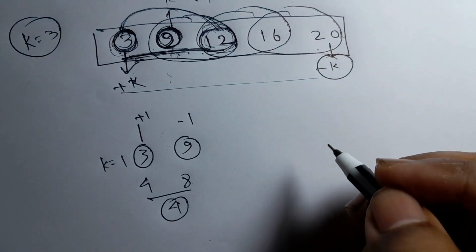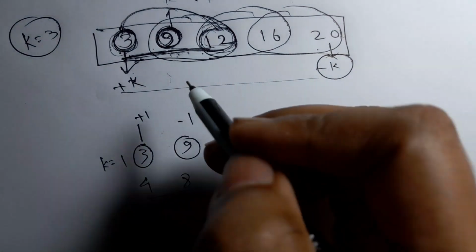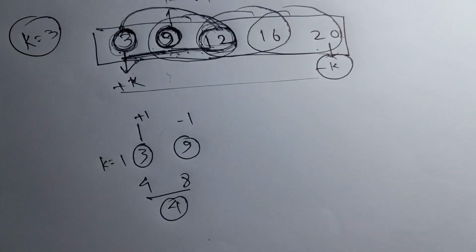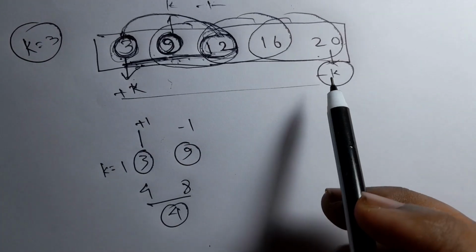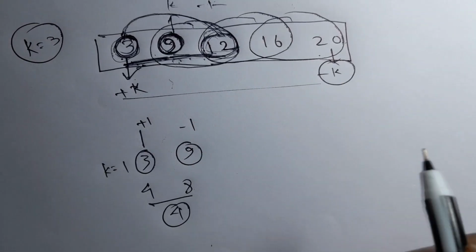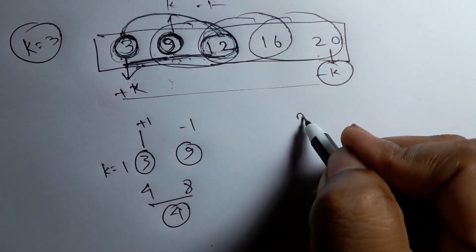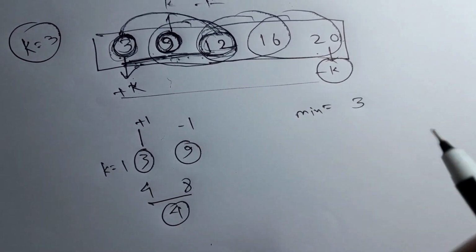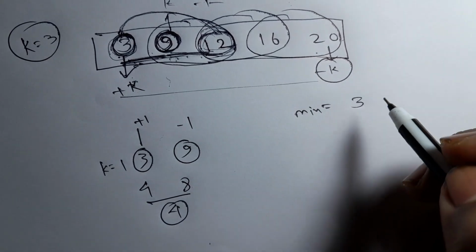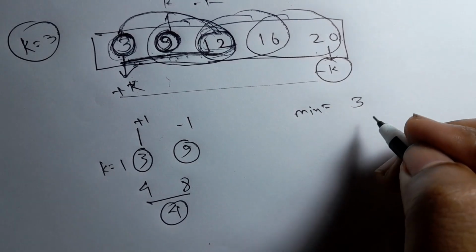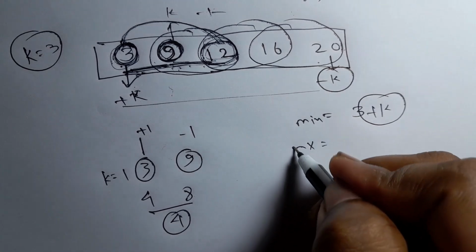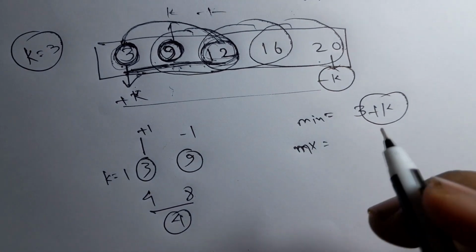So now what will we do? We have already decided that we have to increase the smaller element and decrease the greater element. So our smaller element, the minimum, is 3, and we increase it: 3 plus k. And what is our maximum element?